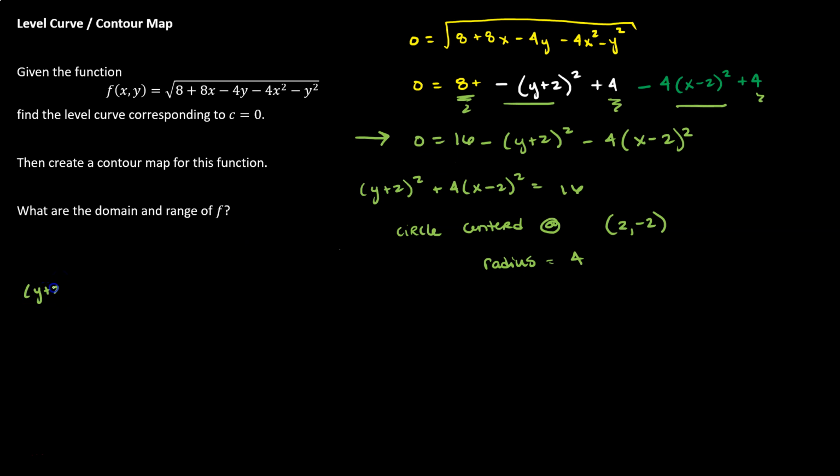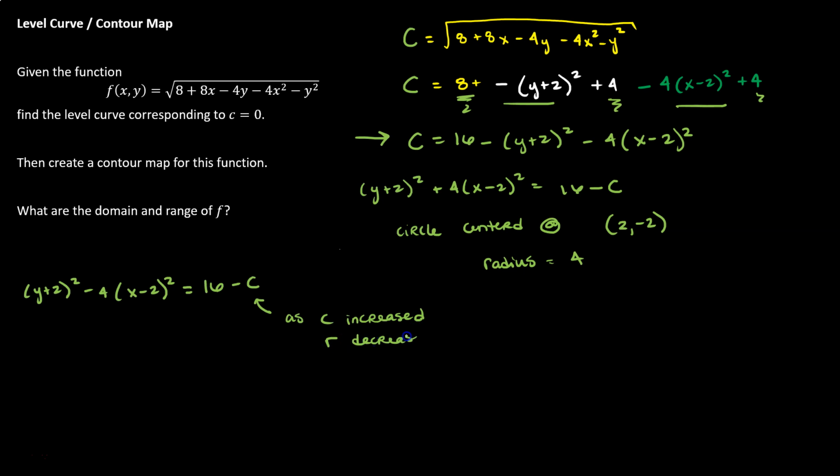So we'd have y plus 2 squared minus 4 times x minus 2 squared. Replacing the zeros with c's would just mean that over here on the 16 we'd have minus c. So as c increases, the radius shrinks. We know that we're not changing the center of our circles, we're just changing the radius.